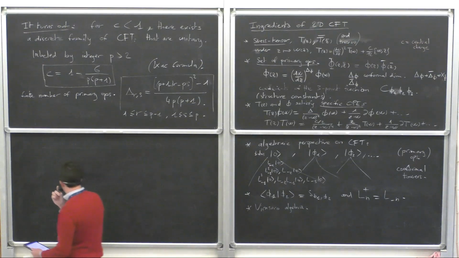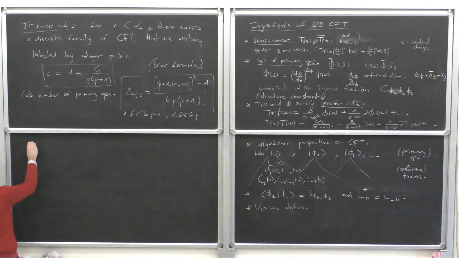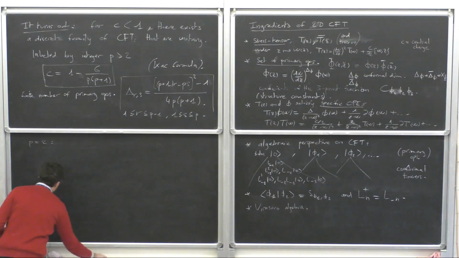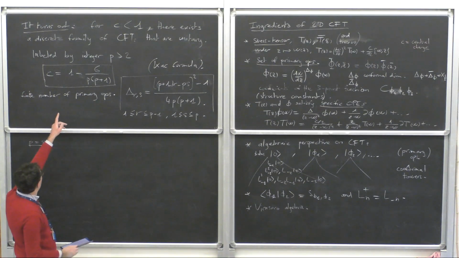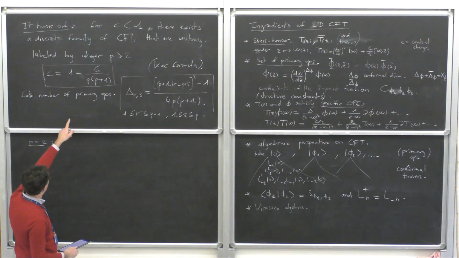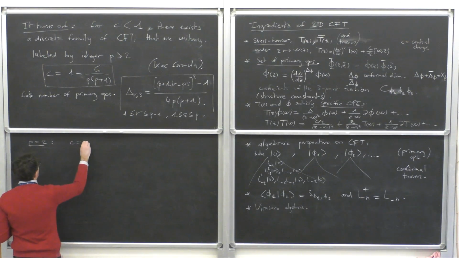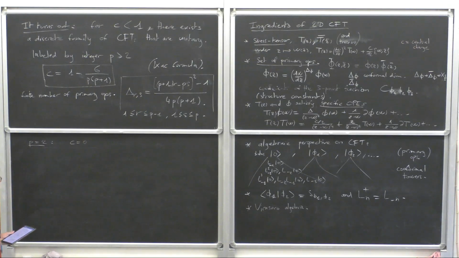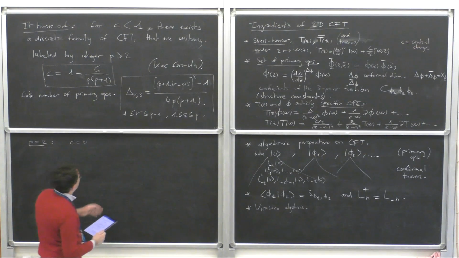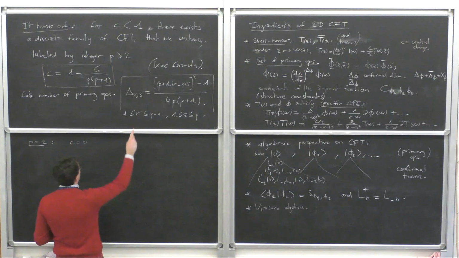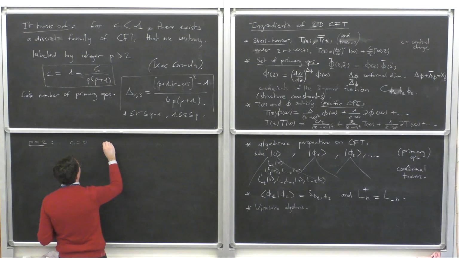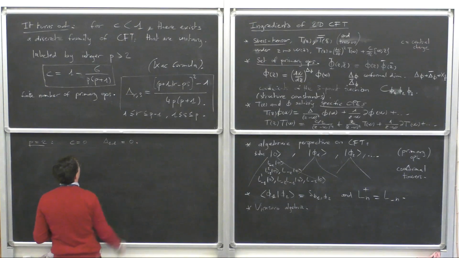well, first, it's trivial, but let's just do it. What would be p equals 2? For p equals 2, you see that the central charge would be 1 minus 6 divided by 2 times 3, which is also 0. So this is a theory with central charge 0. And you can also check that there's only one primary field in that theory, delta 1,1, that has also dimension 0.